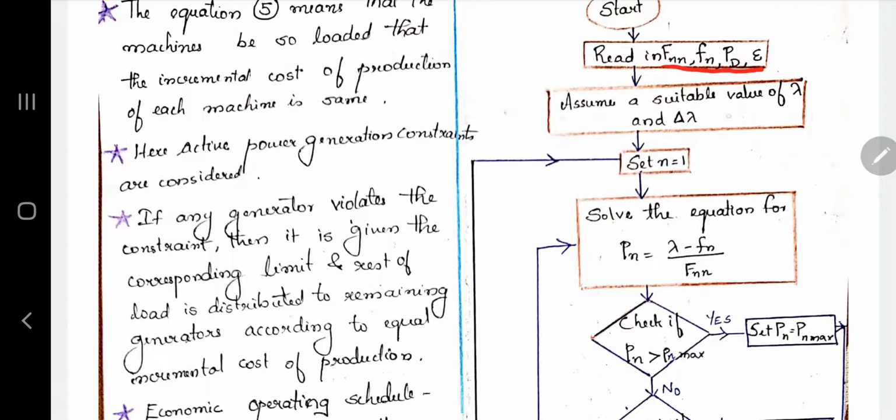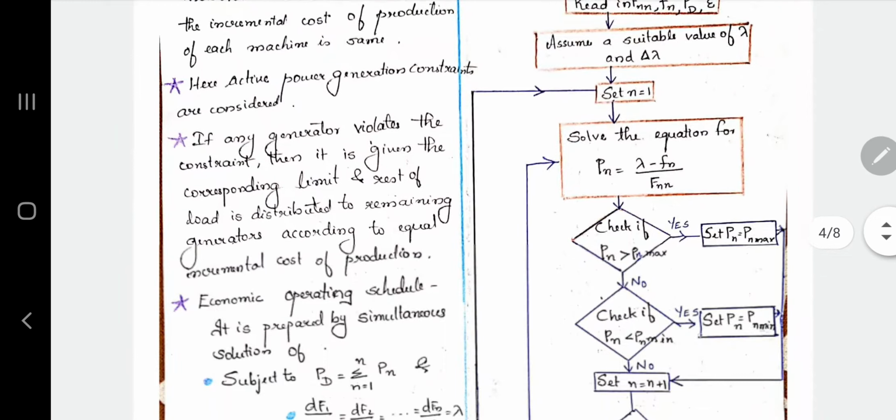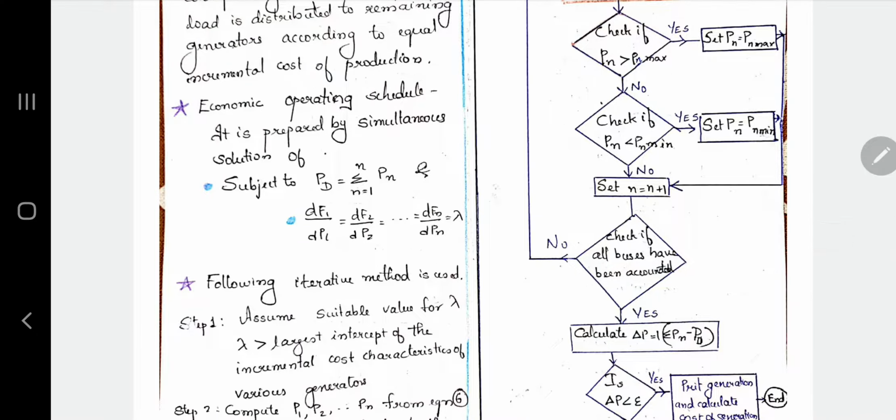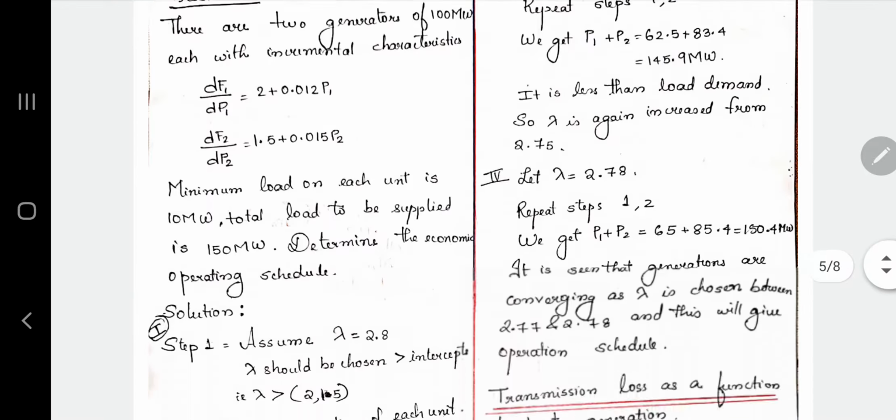Then we have to assume a suitable value for lambda and delta lambda. Then for the first bus we have to find the generation and check whether it is inside the limits. If it is violating the limit, we have to provide the value same as the violated limit, and similarly we continue. So let's start with the solution.